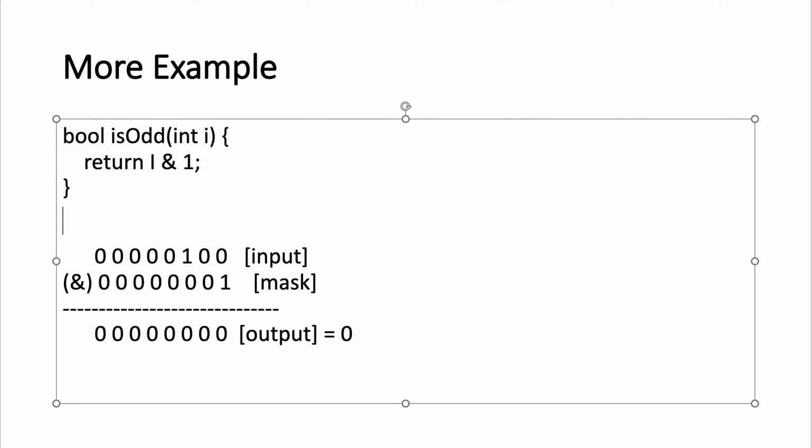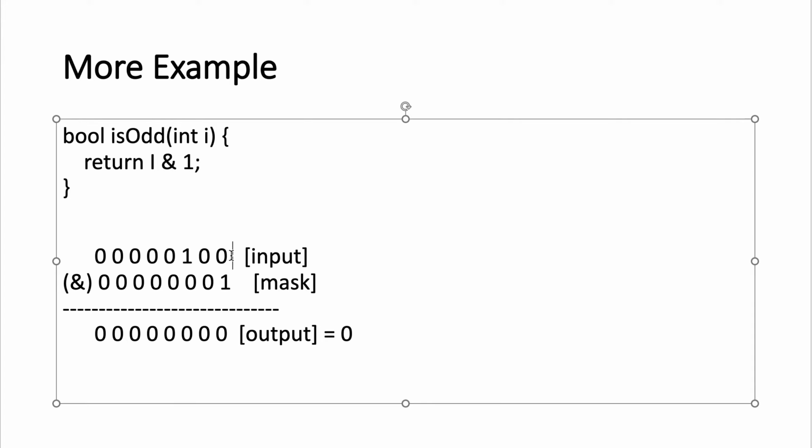So we want to check only the specific part, that is the least significant bit. The mask 1 means all 0 except the least significant bit. So if the least significant bit is 0, the answer becomes 0, because everything is 0, so the output is 0.